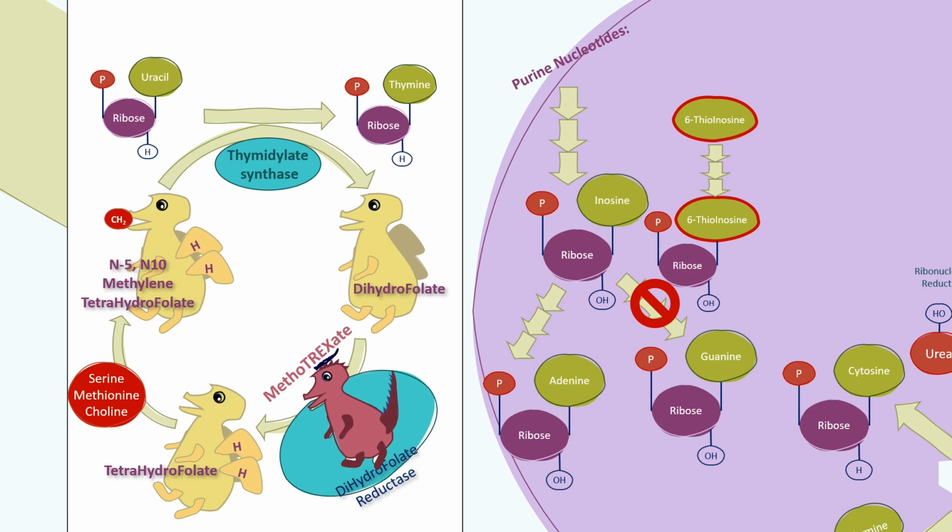We will discuss that later. So methotrexate blocks dihydrofolate reductase. It blocks this process, and sufficient thymine won't be formed, and if sufficient thymine won't be formed, DNA would be thymine-less, and DNA synthesis will be arrested.